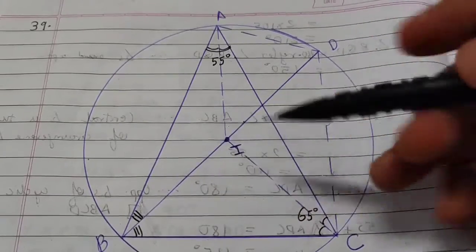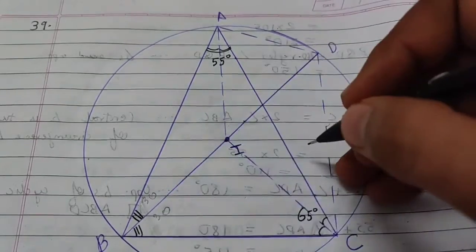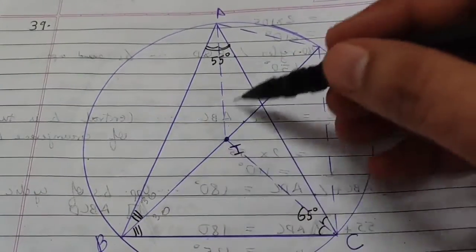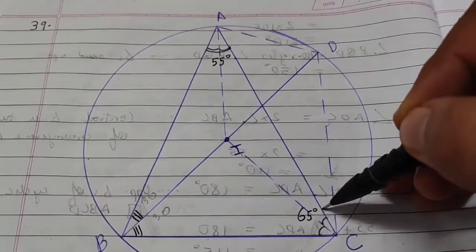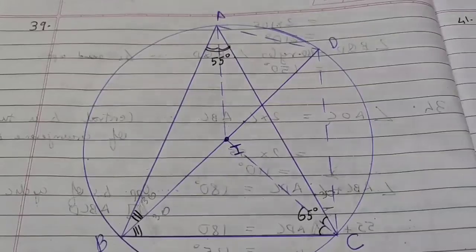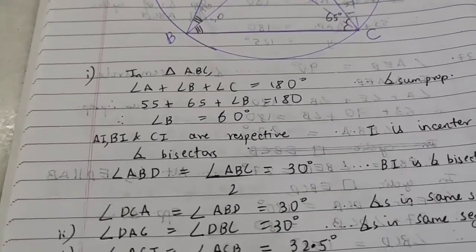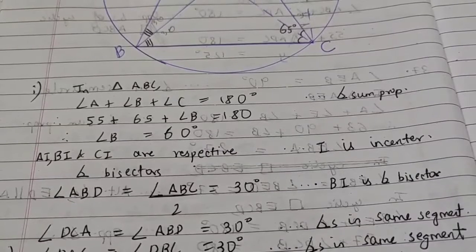And half of 60 is 30. So this is 30 and even this is 30. If this is 30, then even this angle is 30 because angles in the same segment. So that's how we get Roman number 1. Write the statements exactly the way I have written. And don't just copy it, understand each step.